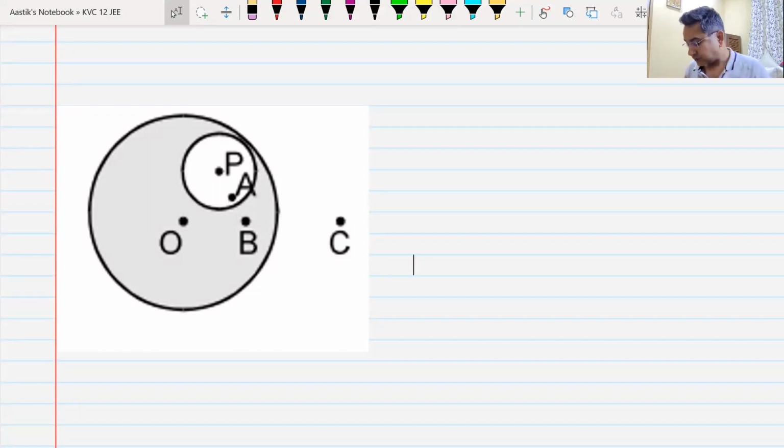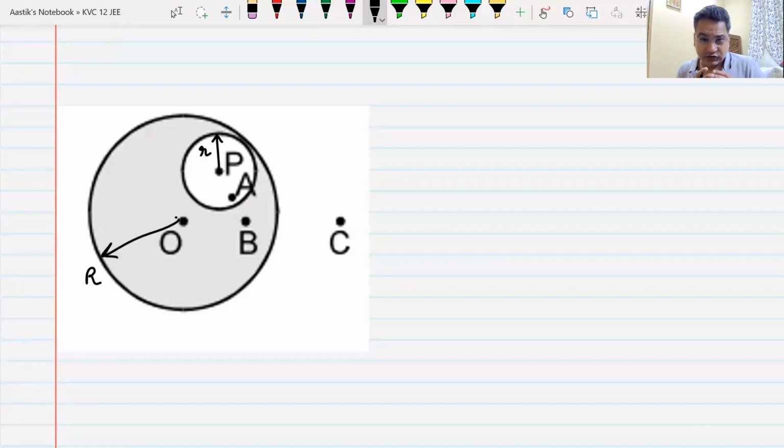First of all, you must have some information. You can say that the radius of this is capital R. You can say that the radius of this is small r. But since this hole is not concentric, you must also know the position of this hole with respect to the center of the sphere.